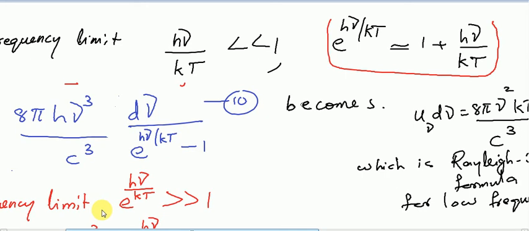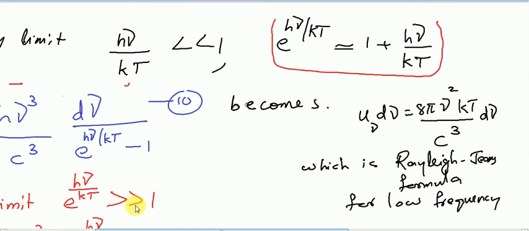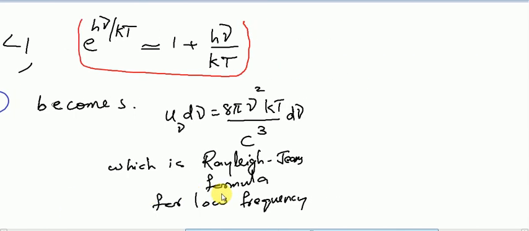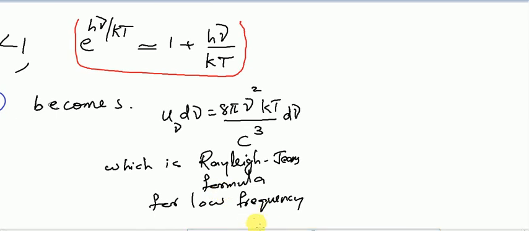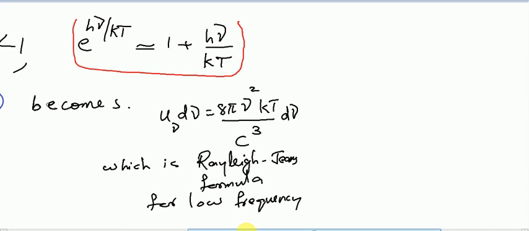Then we can take the kT to the numerator and one of the h cancels, and that is why equation 10 reduces to u nu d nu equal to 8 pi nu square kT divided by c cube d nu. We can see that this is exactly the same as the Rayleigh-Jeans formula. They formulated that for the low frequency side of black body radiation. So hence Planck's hypothesis explains the low frequency side.